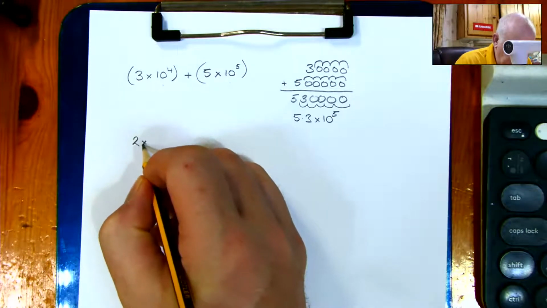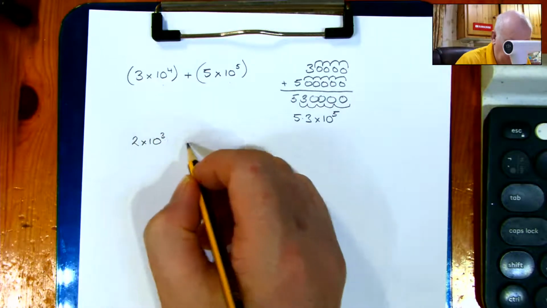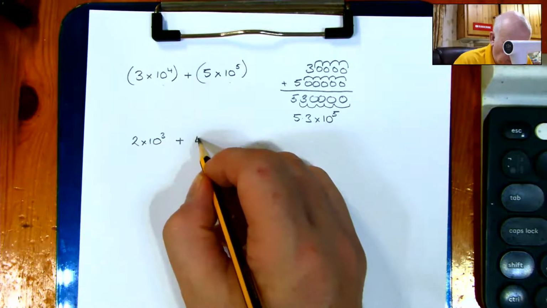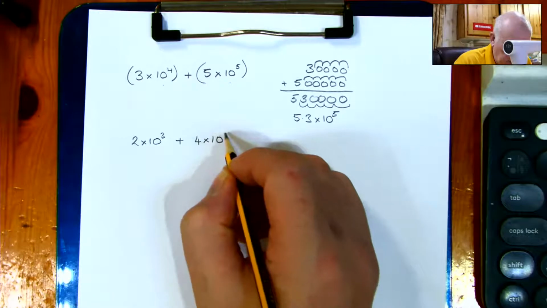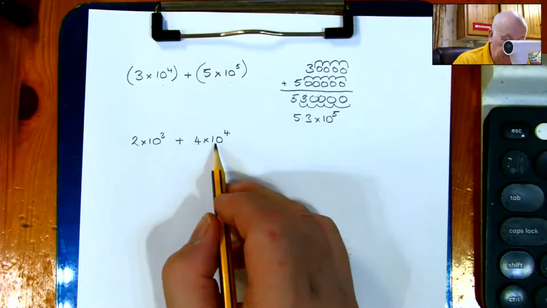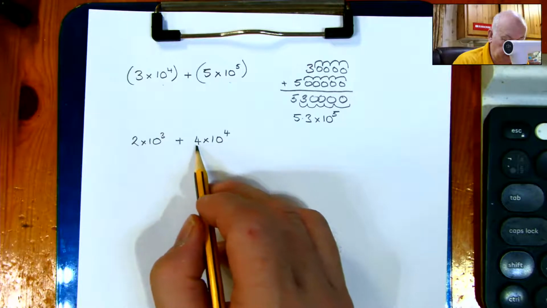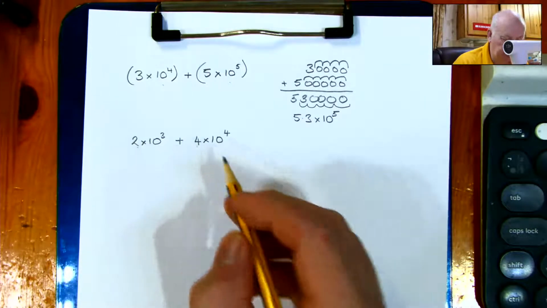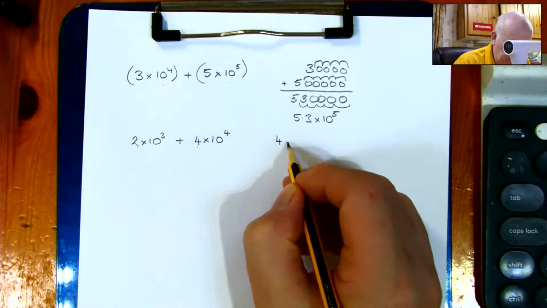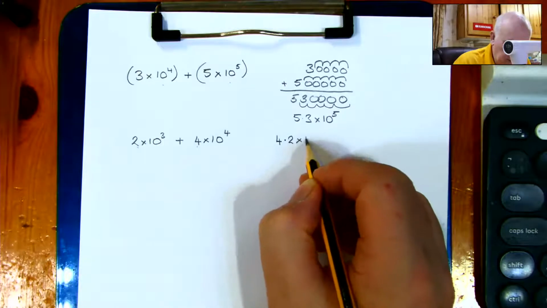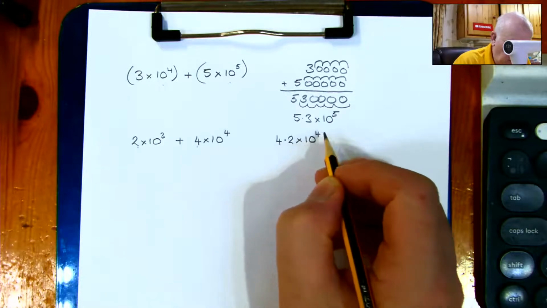So let's have 2 times 10 to the 3, and this time we're going to add 4 times 10 to the 4. We look at which is the largest number, and we can then quite often by inspection see that this is going to become 4.2 times 10 to the 4.